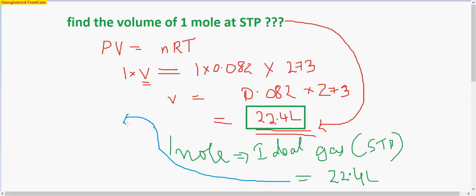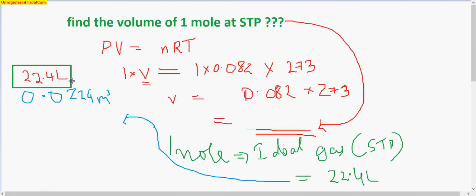Okay, now how many meter cube is 22.4 liters? It's actually 0.0224 meter cube. Now that's quite an interesting fact, right?